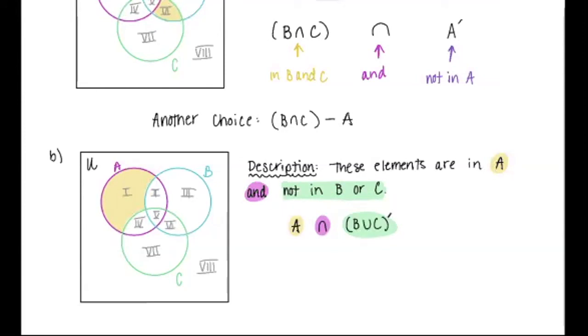Or applying De Morgan's laws, you can think of this as A intersect with the complement of B intersect with the complement of C. So it's not in B, and it's not in C. Or it's in A, not in B, not in C. Okay, either one is good.